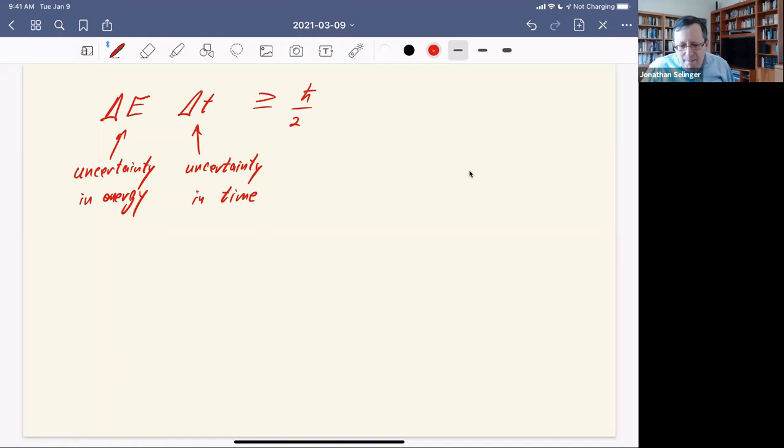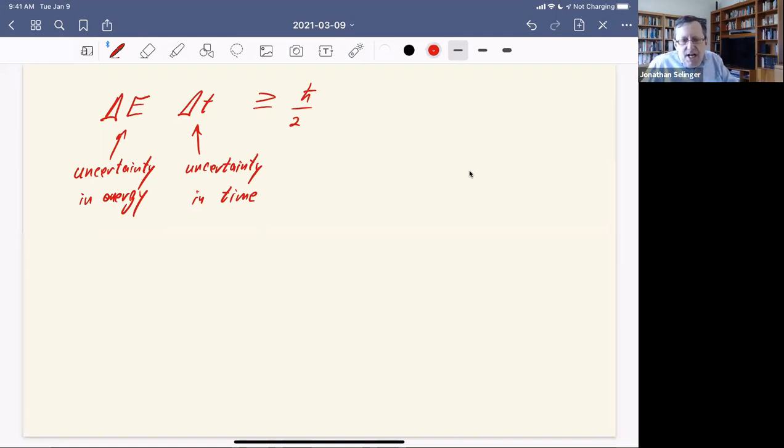I guess what it means is that if there's a really small uncertainty in the energy, then there's a big uncertainty in the time for anything. Any time is very broadly defined, no matter what you're looking at.